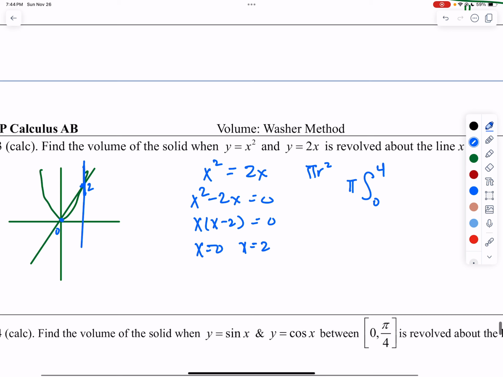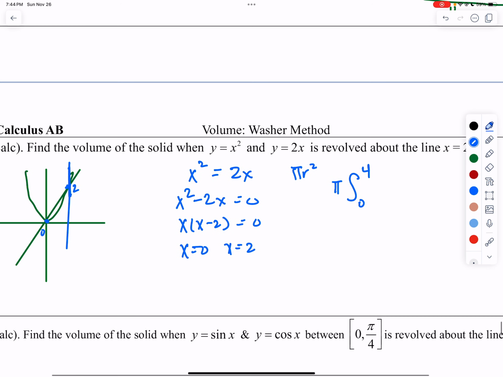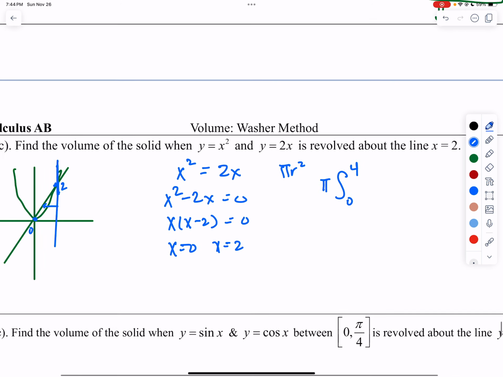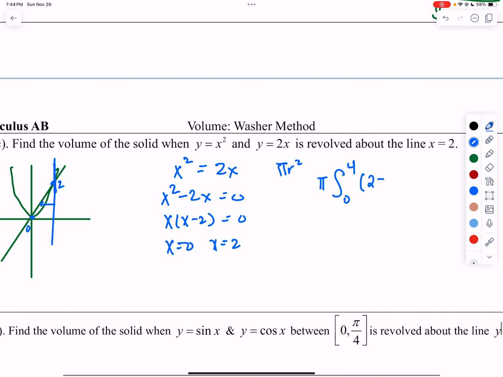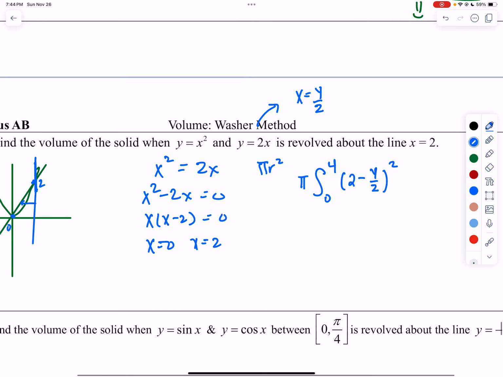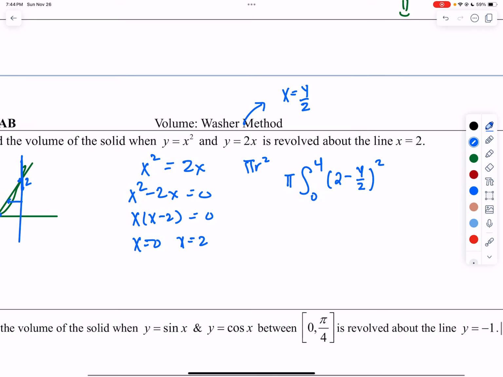Okay, so we want to find my furthest function. In this case, my furthest function is going to be that linear function right here. I'm going to do right minus left, so I'm going to have 2 minus 2x. However, because this needs to be in terms of y, I have to solve for x. So that means that x is equal to y over 2 squared. So that is my furthest function.